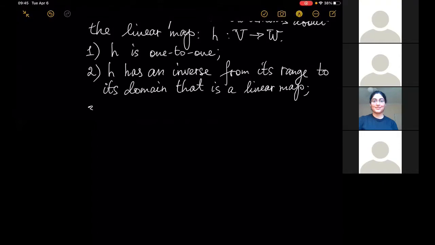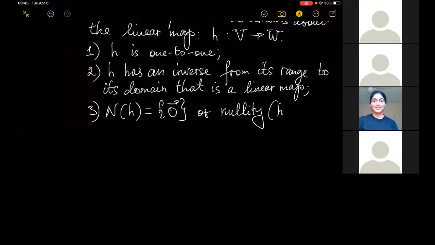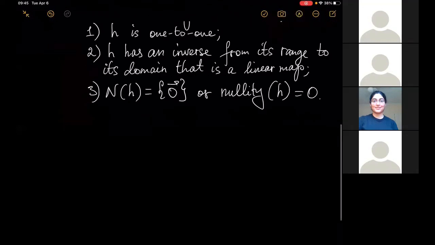Three: the null space of the homomorphism is just the trivial subspace, or which is the same, the nullity of H is 0, for nullity is the dimension of the null space, right?